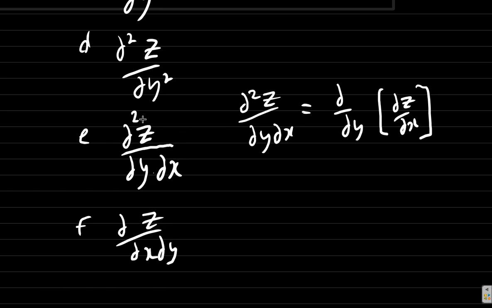That means delta squared z by delta y delta x, and delta squared z by delta x delta y. Now remember, delta squared z by delta y delta x would mean that you find delta z by delta x first, and then you find the partial with respect to y of that, which you did a while ago.